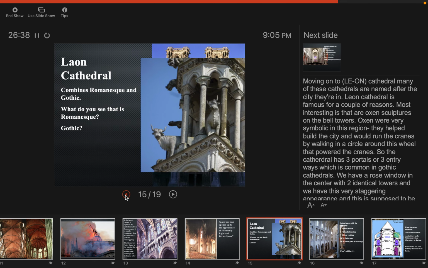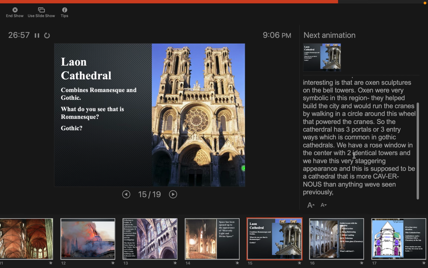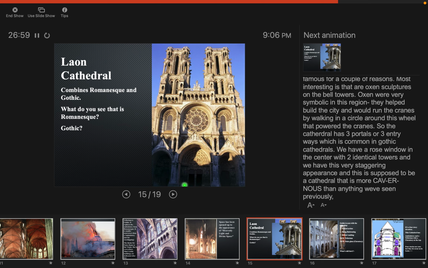Going back, the cathedral has three portals or three entryways, which I told you from a couple slides ago is pretty characteristic of Gothic. What do we see here that is Romanesque?